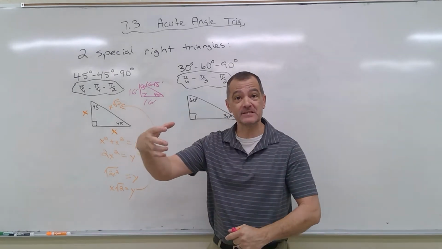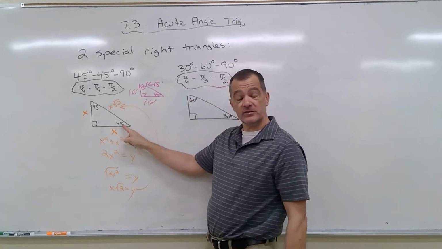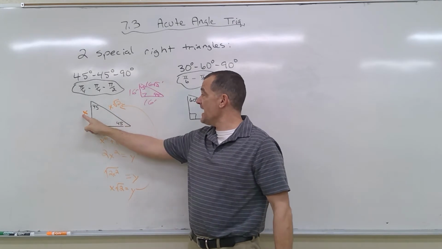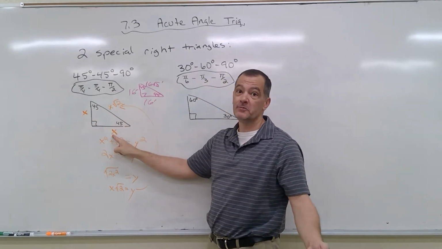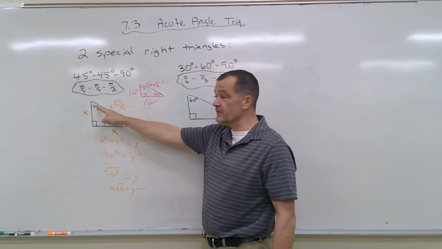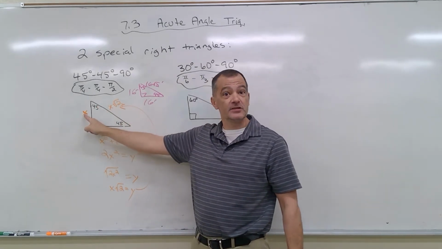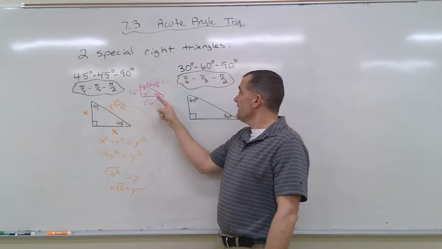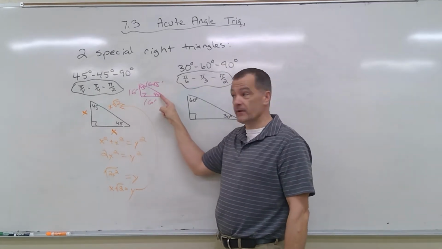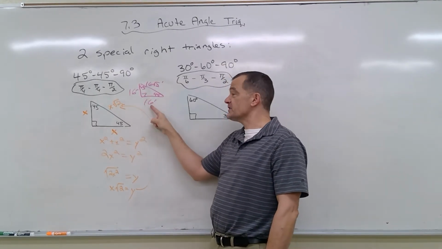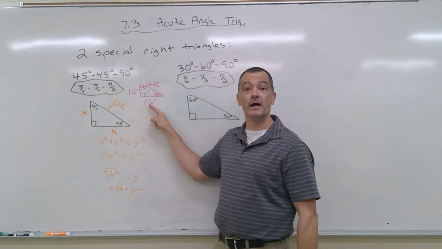Tangent is opposite over adjacent. So the tangent of this 45-degree angle is x over x, which is 1. The tangent of this 45-degree angle is opposite over adjacent, x over x, which is 1. The tangent of this 45-degree angle is 16 feet over 16 feet, which is 1.